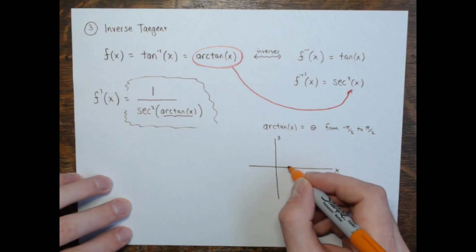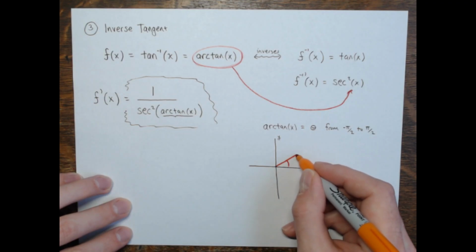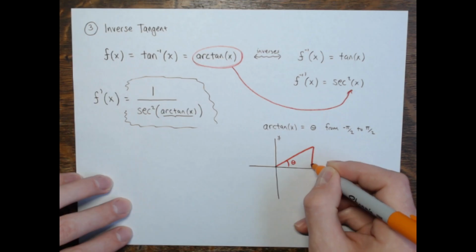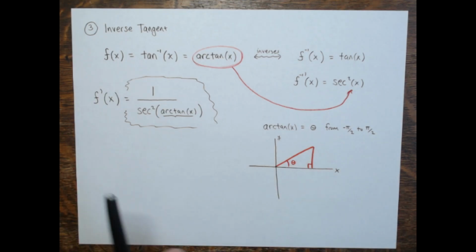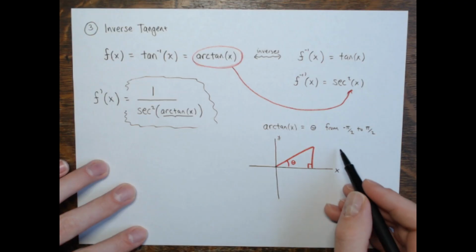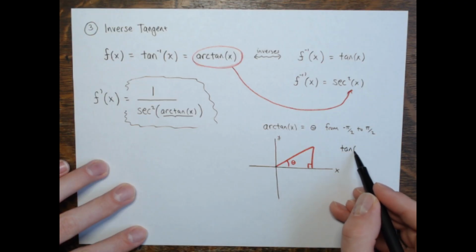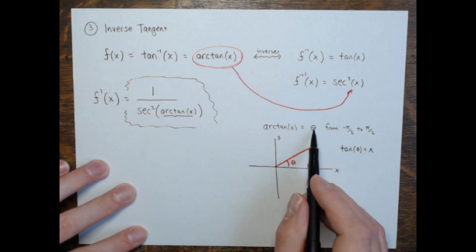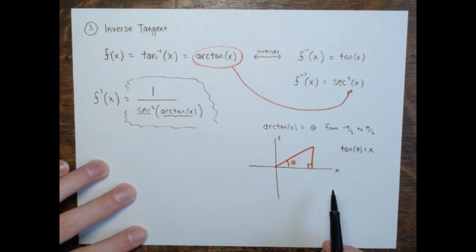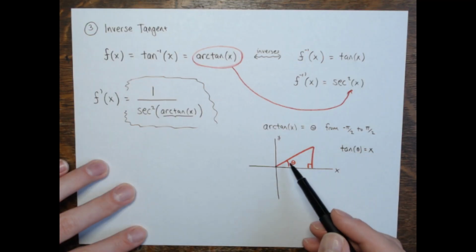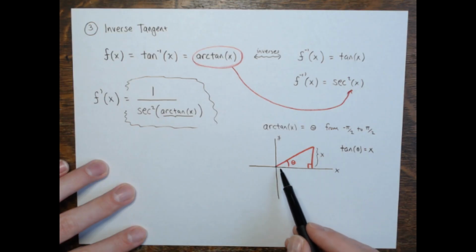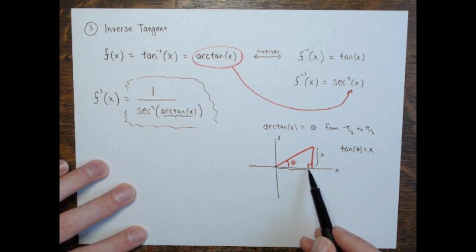So here's, between 0 and pi over 2, let's say theta was up here. So again, I set this up so that the tangent of this angle is x, right? If the inverse tangent of x was theta, then the tangent of theta must be x. So my right triangle here, right, tangent, remember, is opposite length. So this opposite length is x over adjacent.